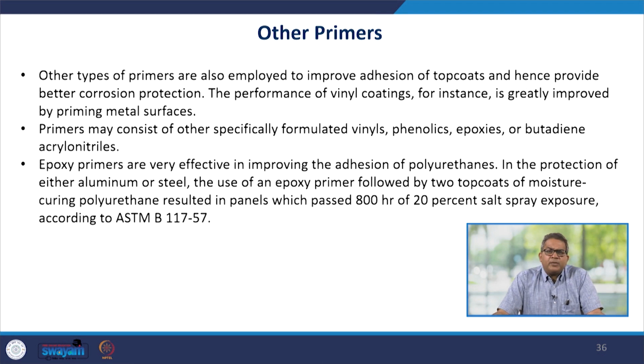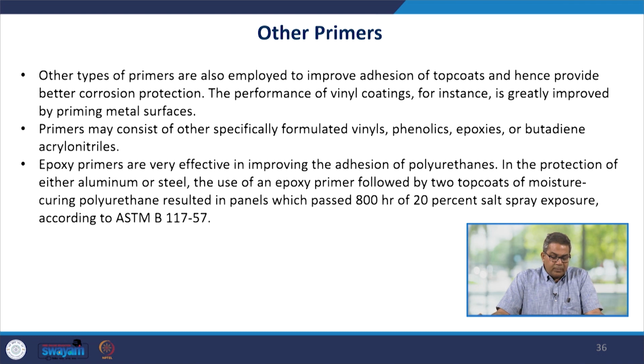Other types of primers are also employed to improve adhesion of top coats, hence providing better corrosion protection, and the performance of a vinyl coating, for instance, is greatly improved by priming the metal surface. The primers may consist of other specifically formulated vinyl phenolics, epoxies, and butadiene acrylonitriles.